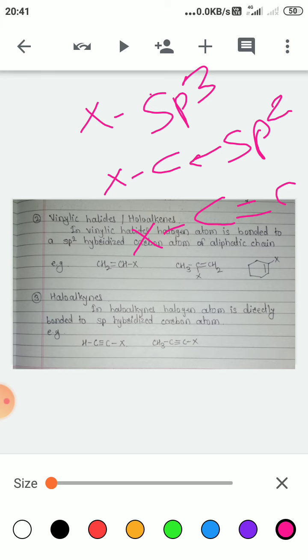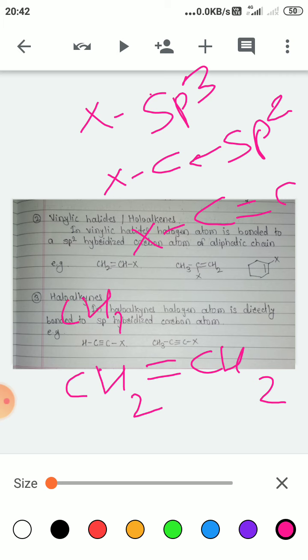You can also remember it simply: if the halogen atom is attached to a carbon-carbon double bond, or the double bonded carbon atom of an aliphatic chain, such alkyl halides are called vinylic halides or haloalkenes. We can take a simple example of ethene. The formula for ethene is CH2 double bond CH2. If we replace any one hydrogen of this ethene by a halogen, then we'll get CH2 double bond CHX.